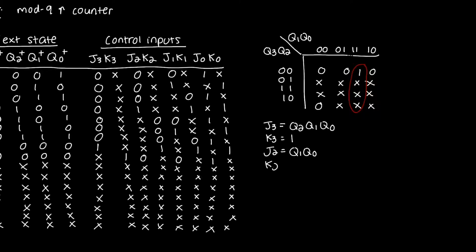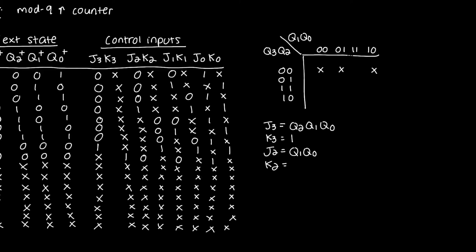How about K2? Again, I'm going to reuse the same K-map. You could just skip this part if you're comfortable with K-maps or you're using some other method to generate your Boolean expressions, but if you need a little refresher, stick with me. So K2, what do we have?